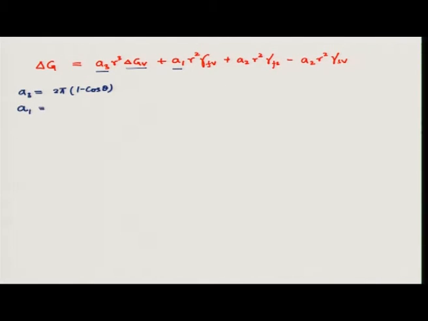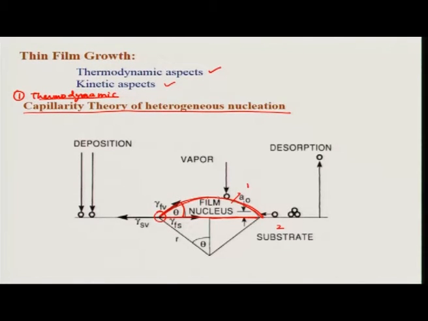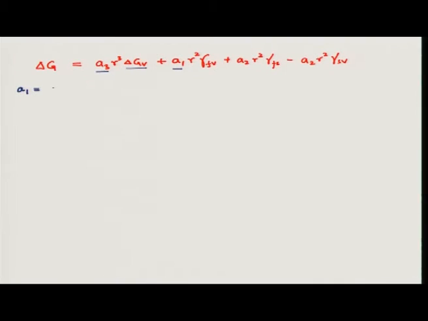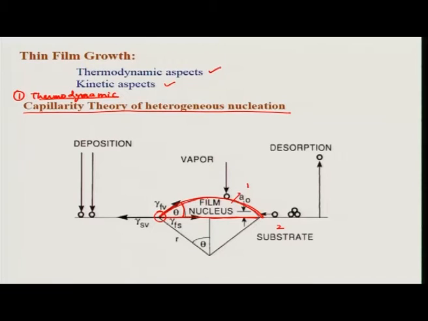Now, A1 is the energy of the curved surface. Sorry, my mistake here. Let me start with A1. A1 is the energy of the curved surface. If we go back, this is my A1, this curved surface, and this will be 2 pi 1 minus cos theta. A2 is the energy of this interface.